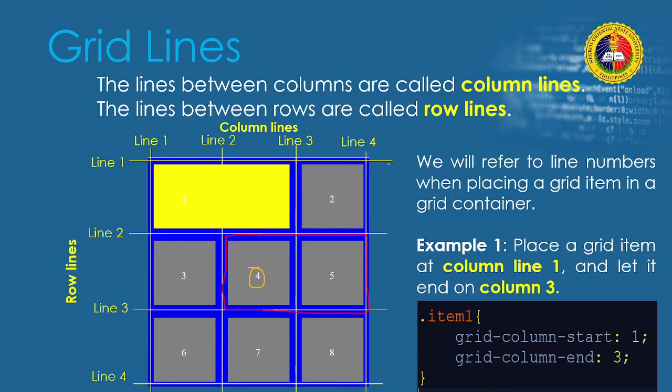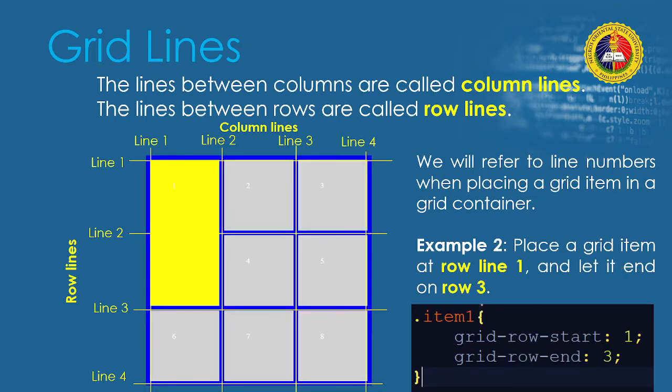That is in column. Now, what if we're going to do it vertically this time? So here's an example. We will be talking about rows now, from top to bottom na punta. So for example, place a grid item at row line 1 and let it end on row 3. So that is the item 1.